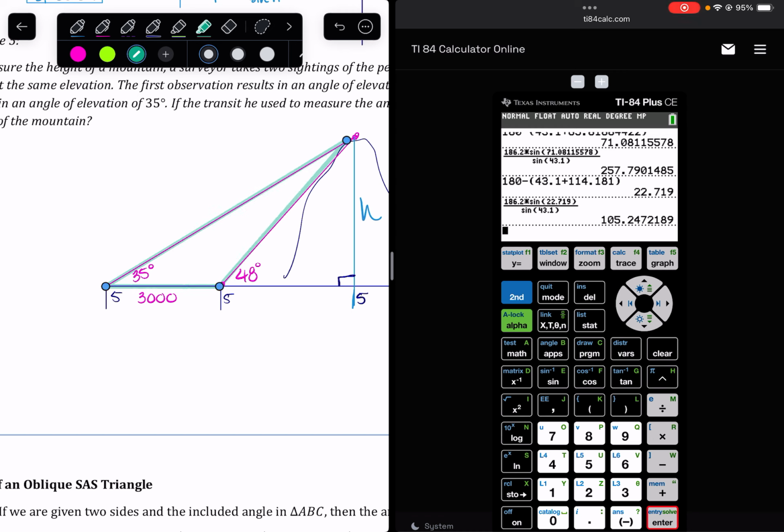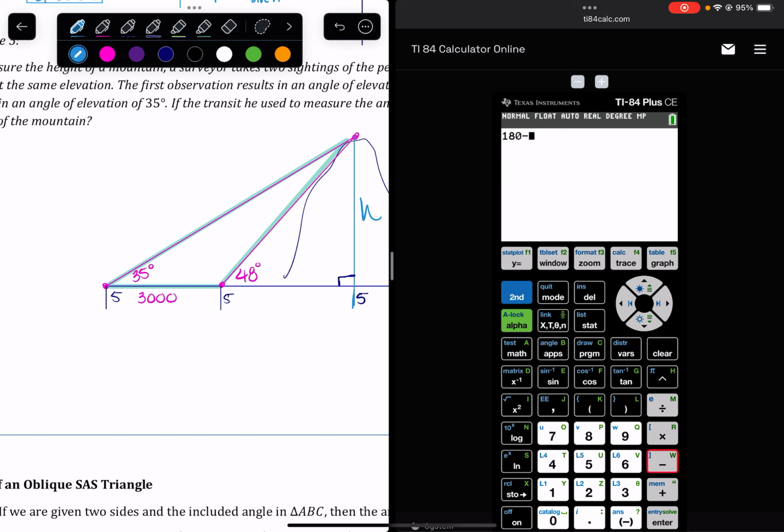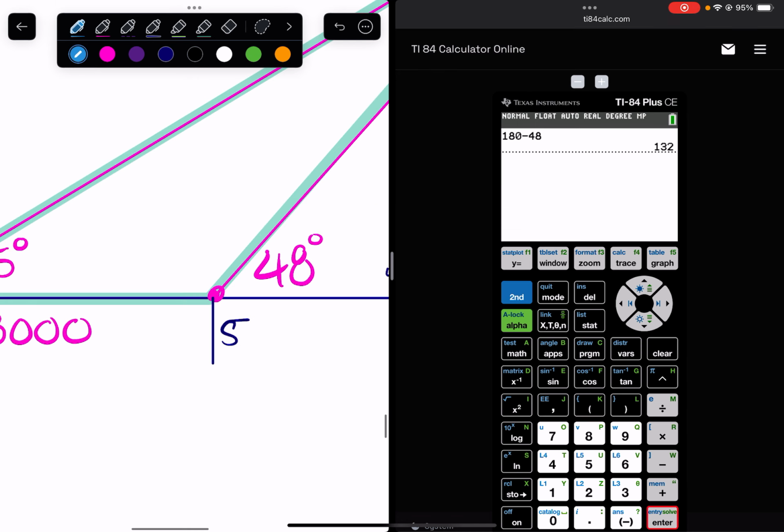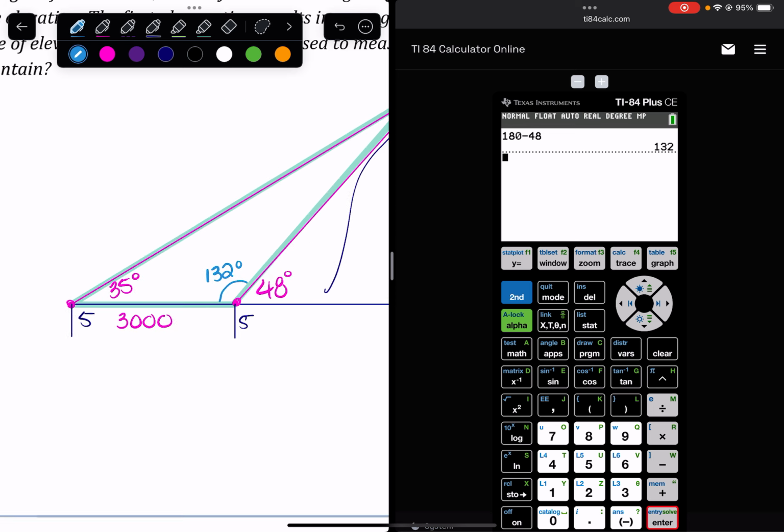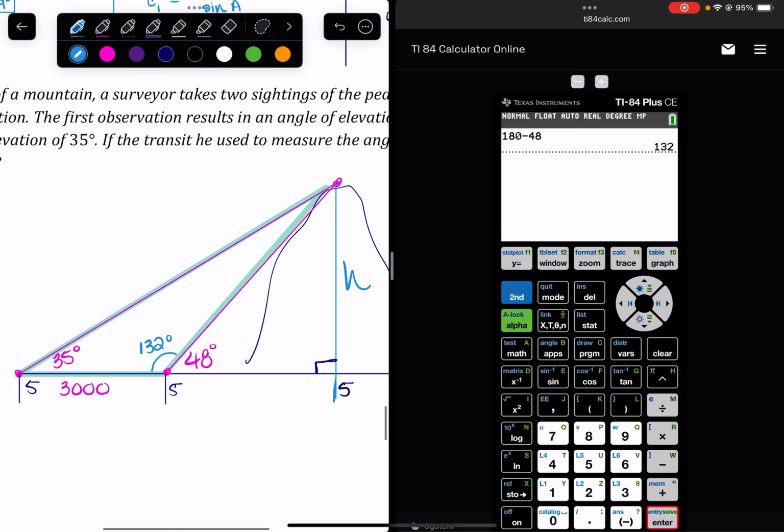So I only have one angle. However, remember that 48 and the other side of it must be supplementary. So if I take 180, let me clear all that out since we don't need it, 180 minus 48, I know the other side of that angle. So right here we have a 132-degree angle. That gives me 2 angles in the triangle, which means I can find the third angle.